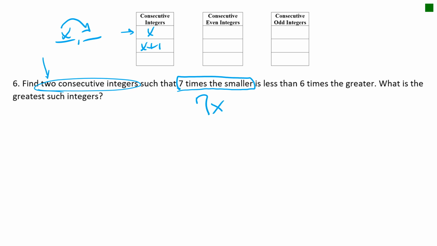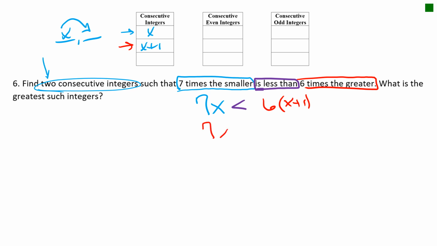So that's 7 times the smaller is less than. Now we don't go backwards, because you see that word is? Remember, is what gives us our equals. When we have is less than, that's going to give us an inequality. Is less than, what's it less than? 6 times the greater. So 6 times, there's the greater integer.